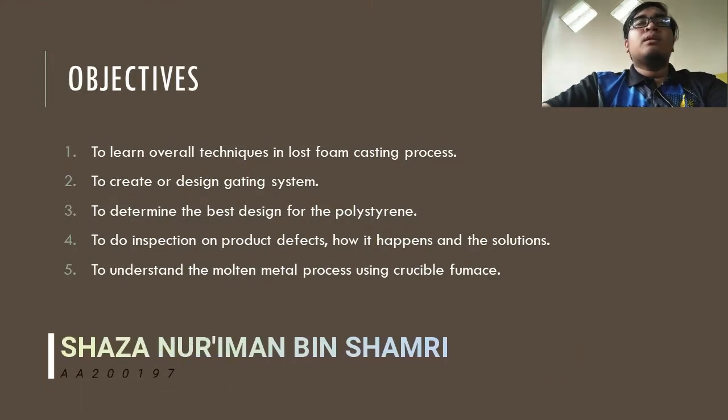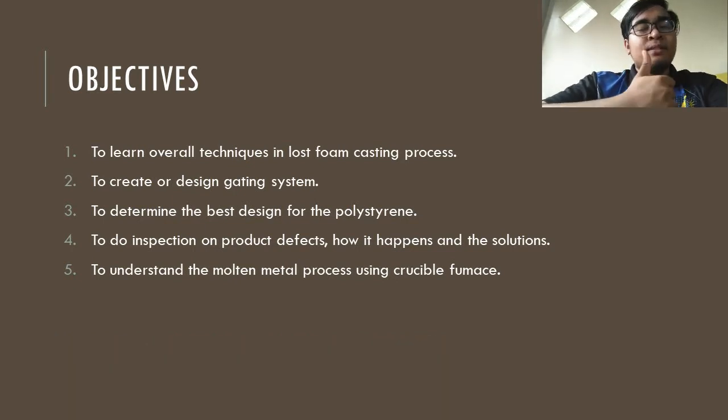Before we start on lost foam casting, we have to know the objectives of why we do it. The first objective is to learn the lost foam casting process. The second is to create or design a gating system.